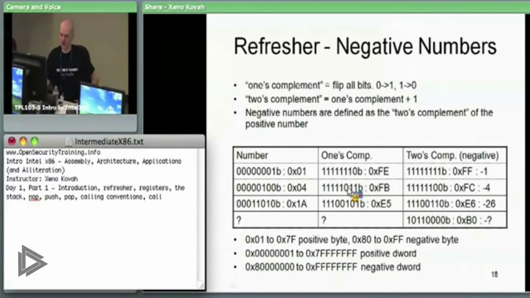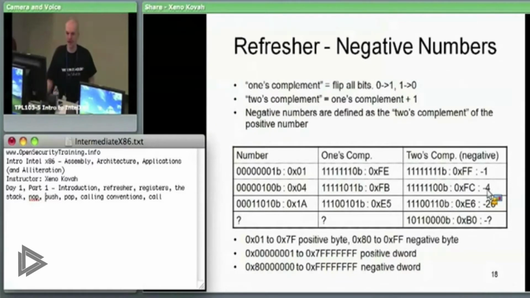It's going to be 0, carry the 1, and so I get 1, 1, 1, 1, 1, 1, 0, 0, and that's what we see over here, right? All right, so this FC is therefore negative 4, and so if you start at FF, which is negative 1, you count backwards. FE is negative 2, FD is negative 3, and FC is negative 4.